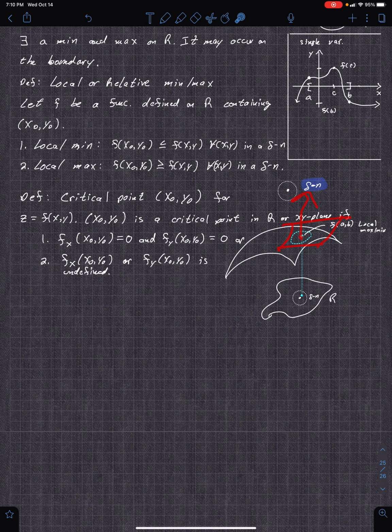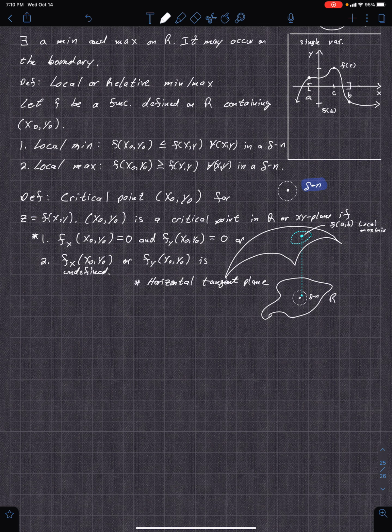So this implies a horizontal tangent plane. I usually demonstrate this more when I can show you a piece of paper on a surface. But that's basically what it implies.